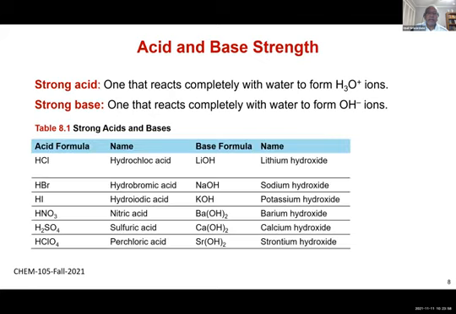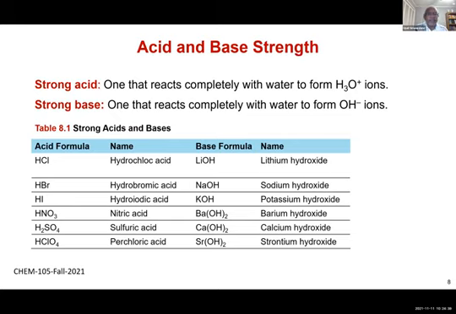Bases are found on the left side, and acids are found on the right side. HCl, hydrochloric acid, HBr, hydrobromic, hydroiodic, nitric acid, sulfuric acid, perchloric acid.